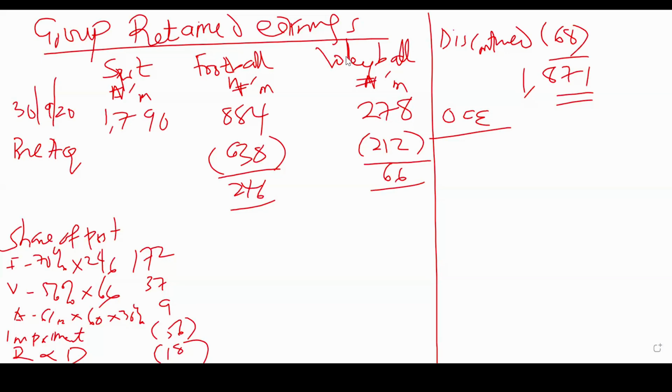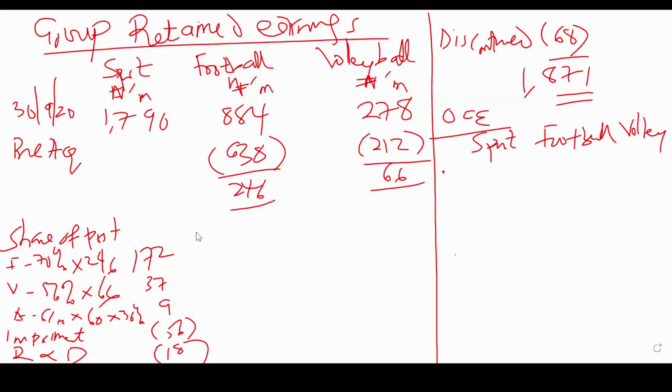Now, we have sports PLC, we have football, and lastly, volleyball. Not enough space, but I must manage. According to our SOFP, what do we have under these lines?